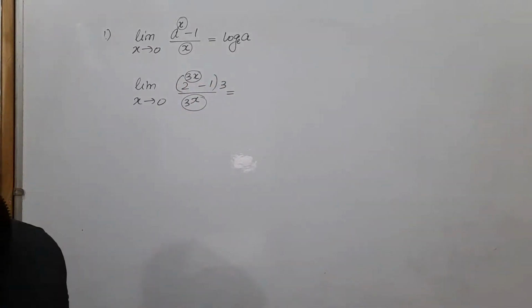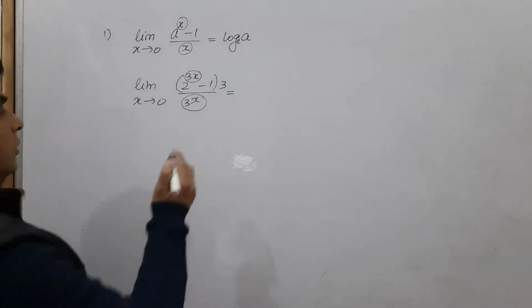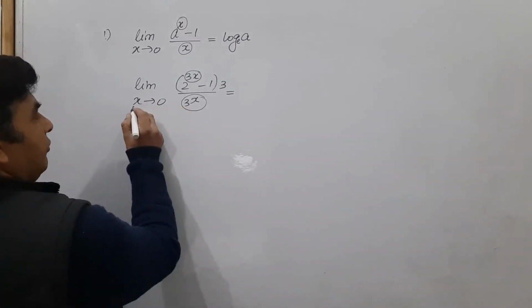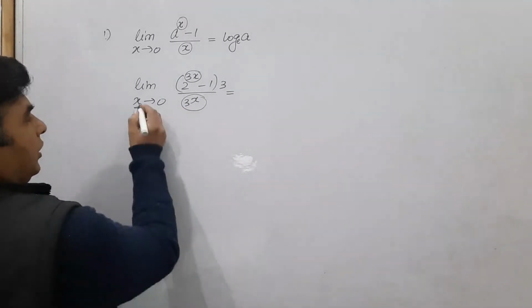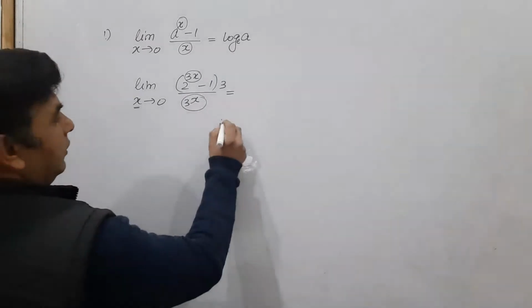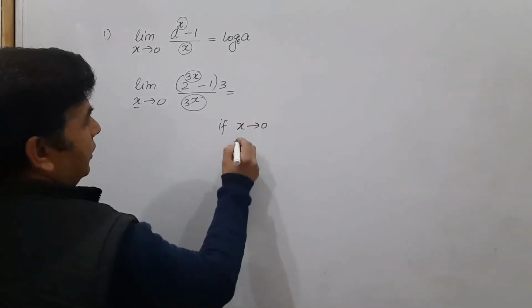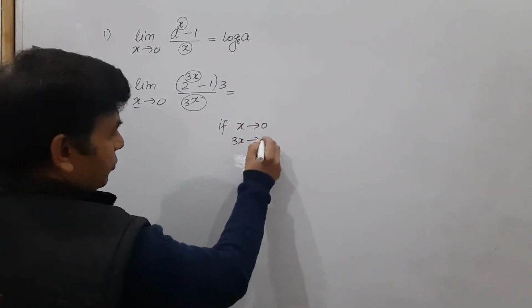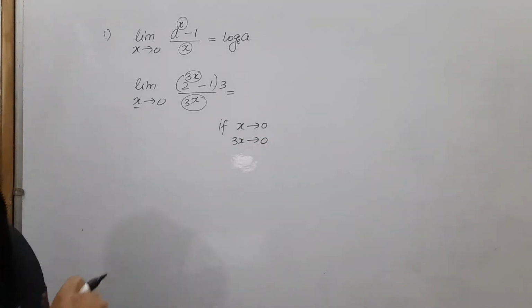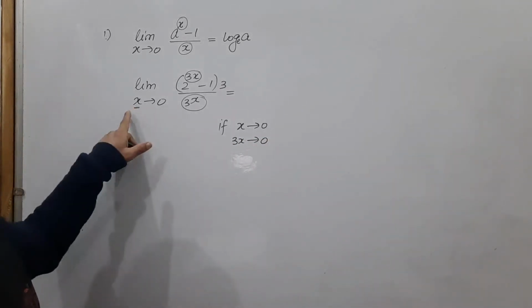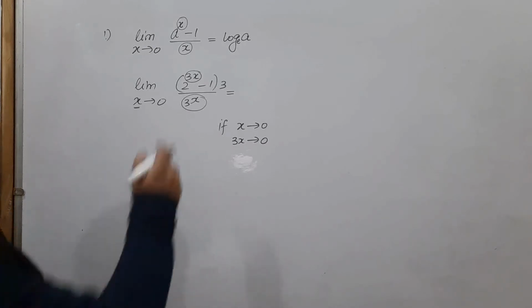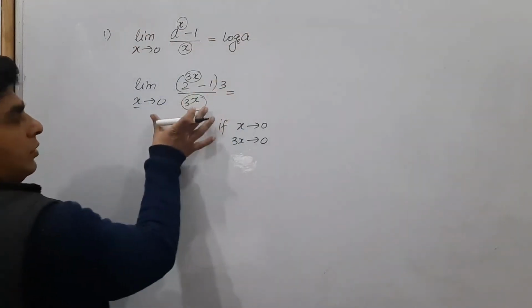You have to multiply and divide by 3, and let's see, if x is approaching 0, then no doubt 3x will also approach 0. So there is no problem here, because x is approaching 0, 3x will also approach 0. So all the conditions of this formula are satisfied with this question.